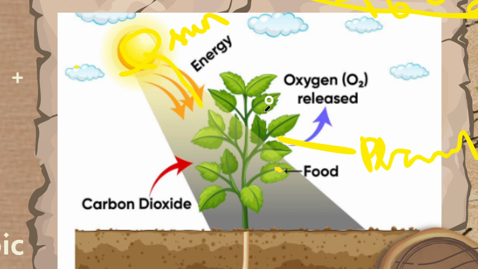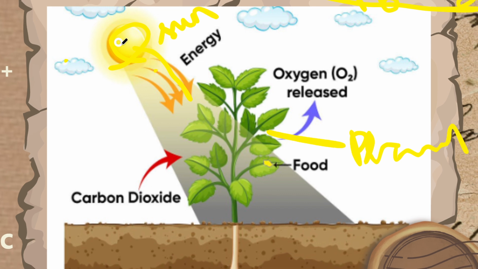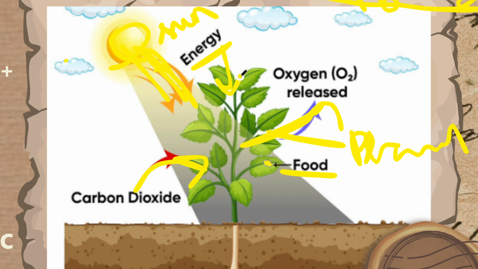So when the sun is giving its rays, as you can see here, 3 rays into the plant, food is being prepared. How is the food being prepared? Carbon dioxide is coming into the plant and oxygen is being released by the plant. Plus energy is added.